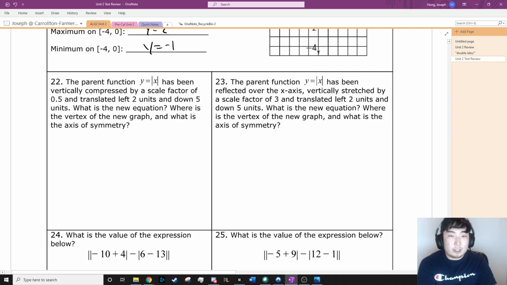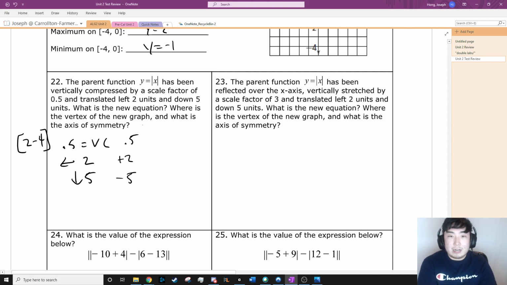I vertically compressed by 0.5. I went left 2 units. I went down 5 units. So this is -5. This is +2. And this is 0.5. And I know this from 2.4. This is section 2.4. So if you don't understand this section right here, or any of the graphing questions, you need to watch 2.4.